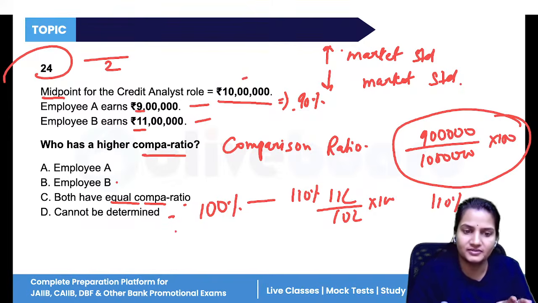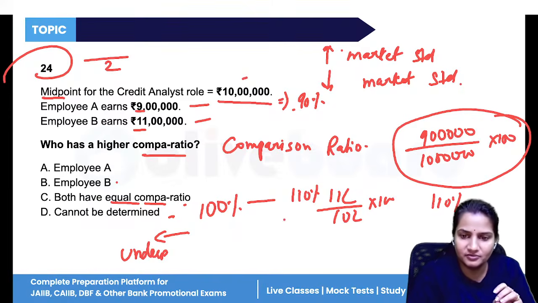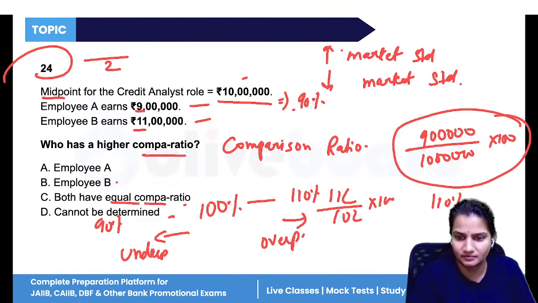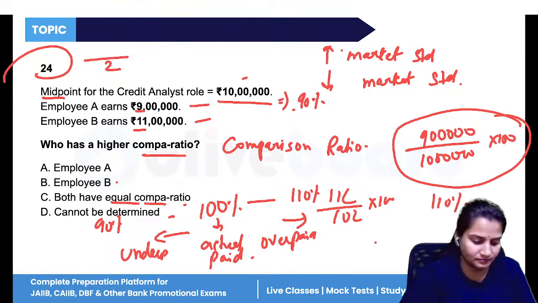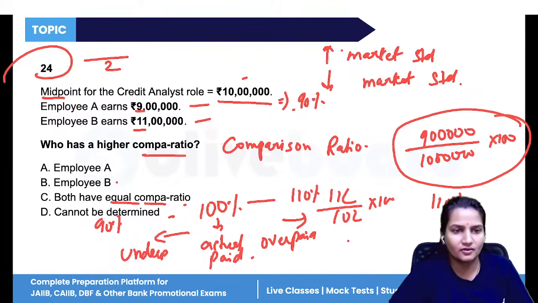If it is less than the market standard, it means you are underpaid. If it is more than the market standard, you are overpaid. And if it is 100%, you are actually paid. So which one has the higher compa ratio?